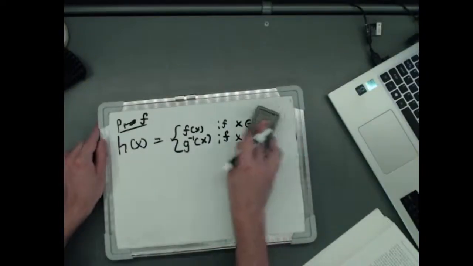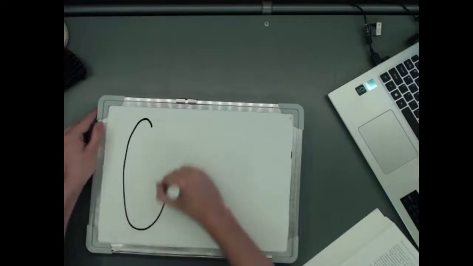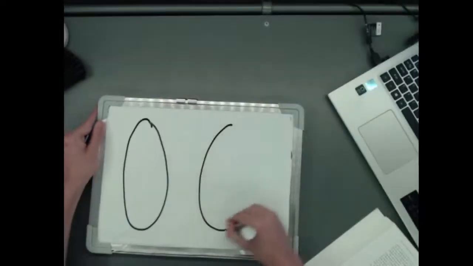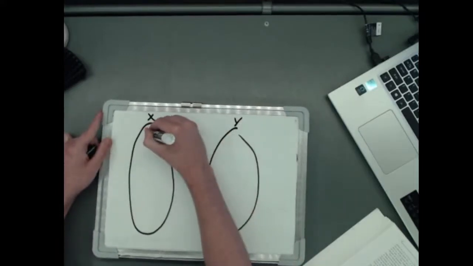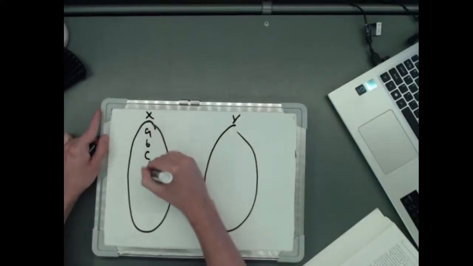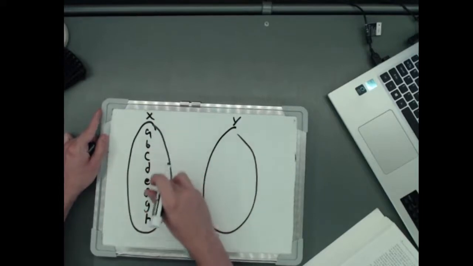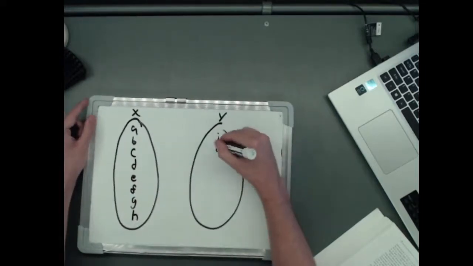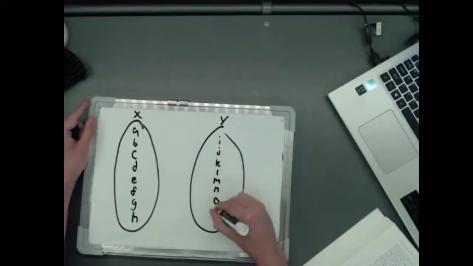keep that in mind, I'm going to erase it to get a little more room on the board. We're going to do a finite example just to show why this makes sense. Of the two sets X and Y, let's say they both have 8 elements in them: A, B, C, D, E, F, G, H, and 1, 2, 3, 4, 5, 6, 7, 8.